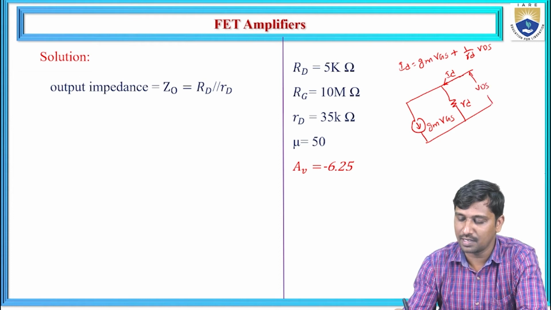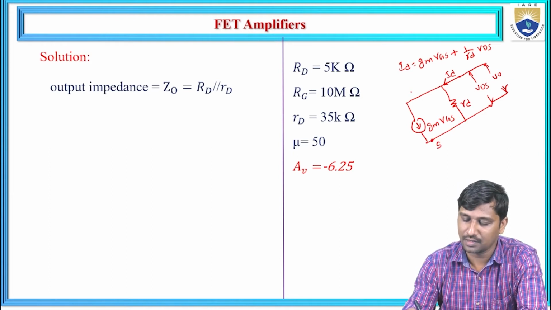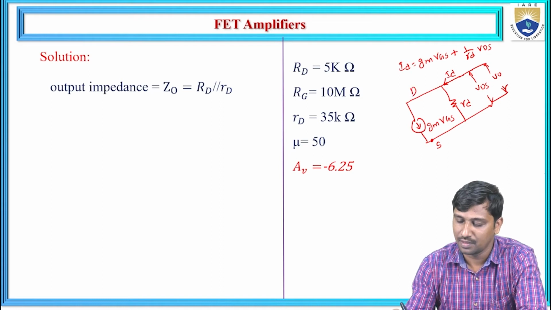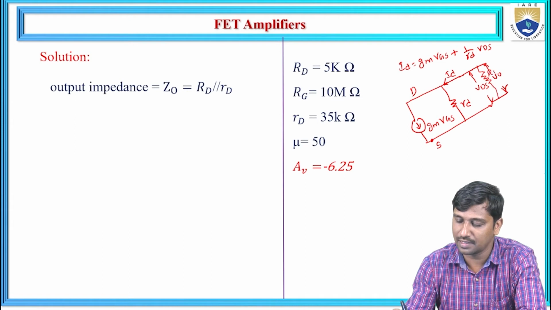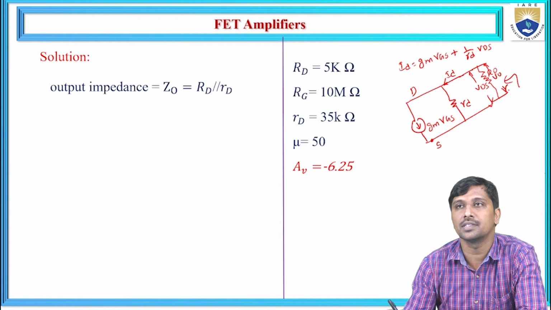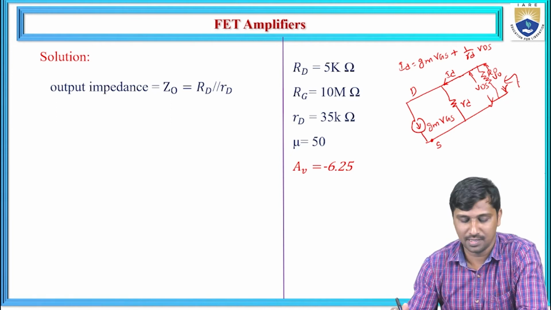Here we are going to verify the output voltage. Let us take this as the source and this terminal as the drain terminal, and from the circuit configuration, externally a load resistance or external drain resistance, that is RD, is connected. Now we are going to observe this output impedance Z0.